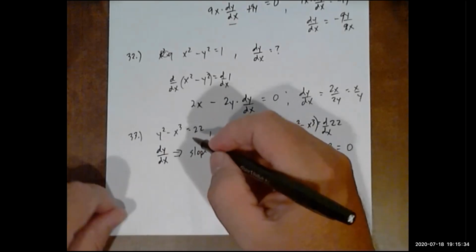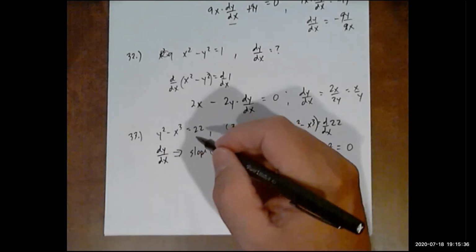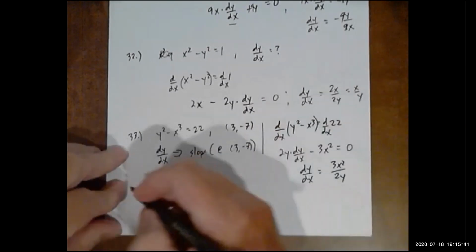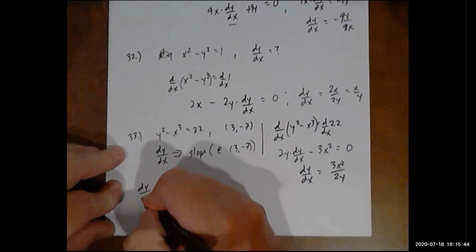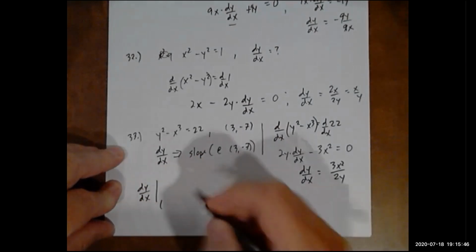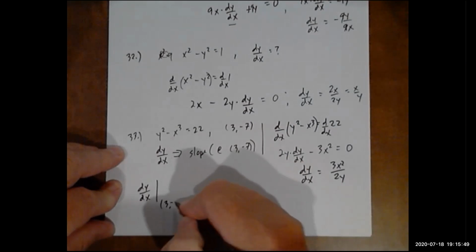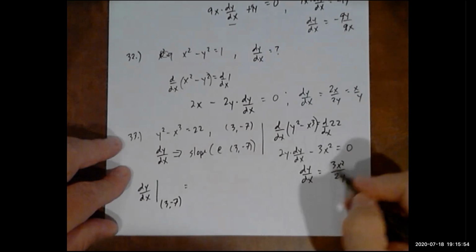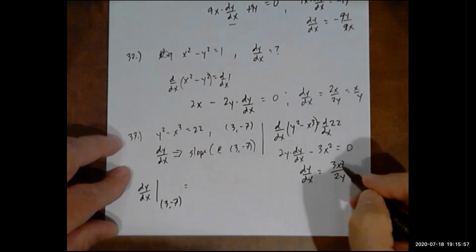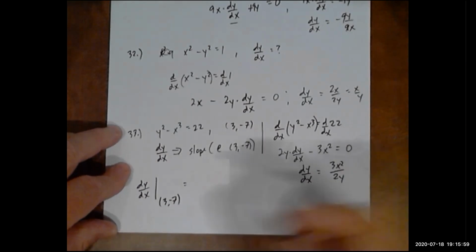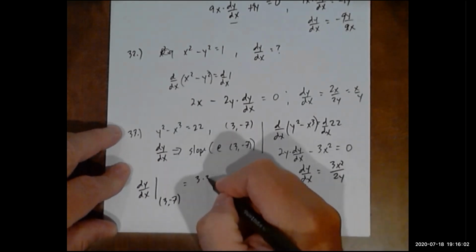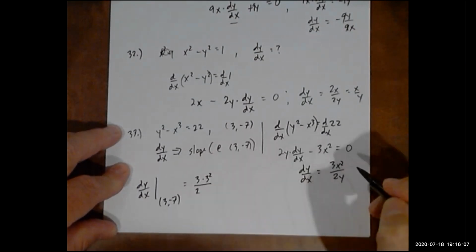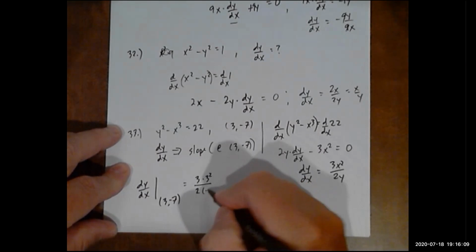But now they're saying, all right, let's look at a specific point and figure out what the slope is at that point. So they're saying go to (3, -7). So I could say dy/dx at (3, -7), which means here's my equation. I plug in 3 for x, and I plug in -7 for y.